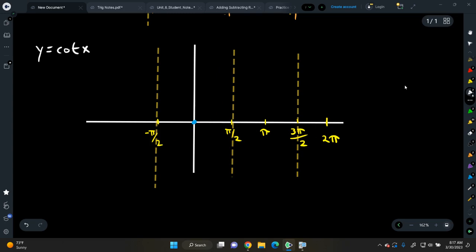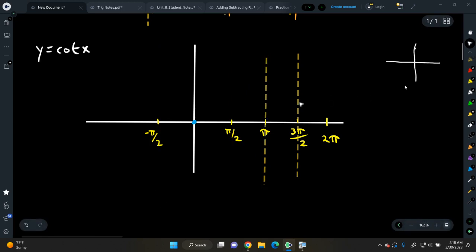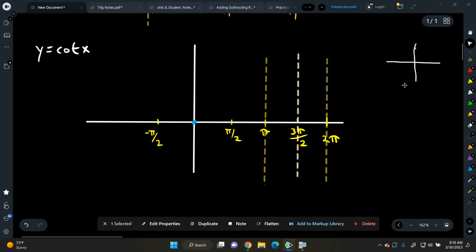So where is that going to be undefined? Where is cotangent going to be undefined? At pi and 2 pi and 0, right? So here we're going to take this. It's undefined at pi, 2 pi, and at 0.